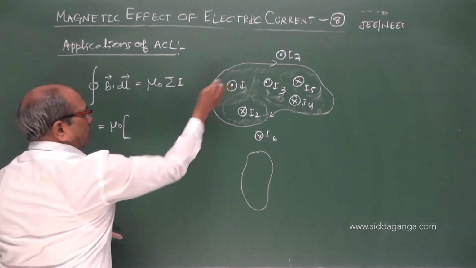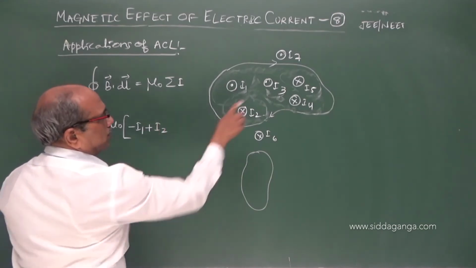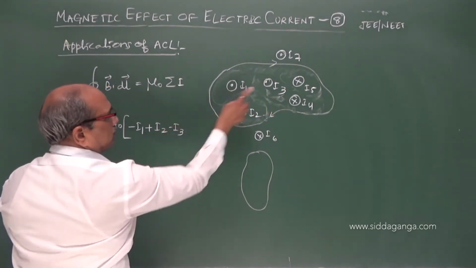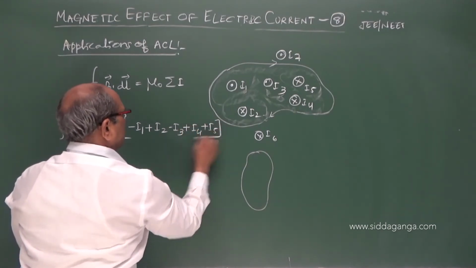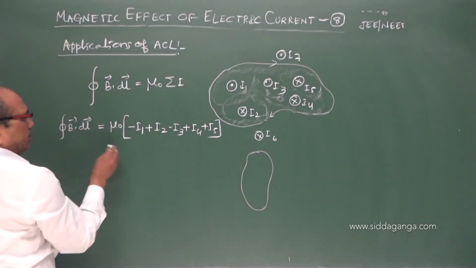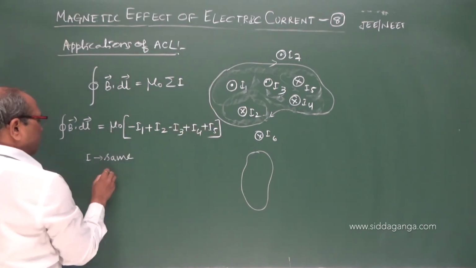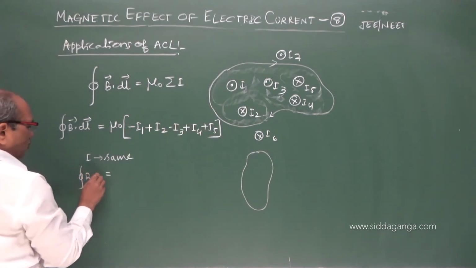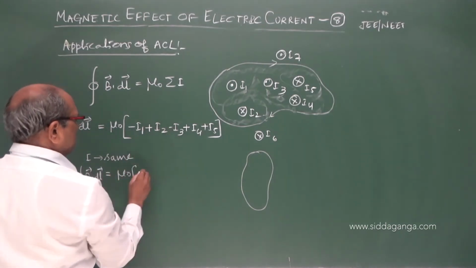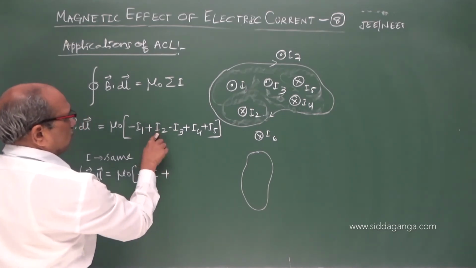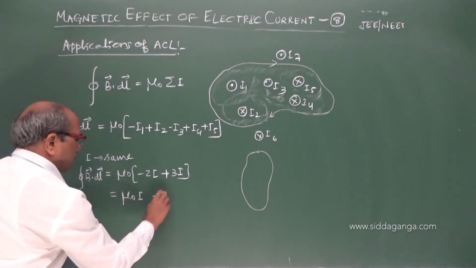Therefore I1 is minus, I2 is plus, I3 is minus, I4 is plus, I5 is plus. Suppose the magnitude of current is the same in all cases, then the integral of B dot dl is mu naught into minus I minus 2I plus 1, 2, 3, 3I. The final equation becomes mu naught I.